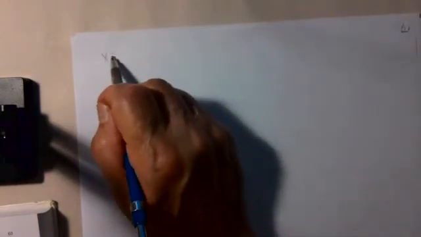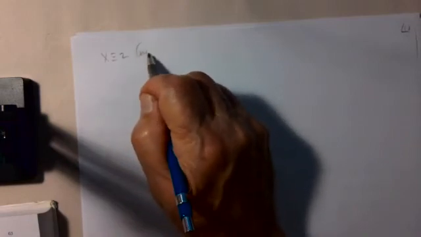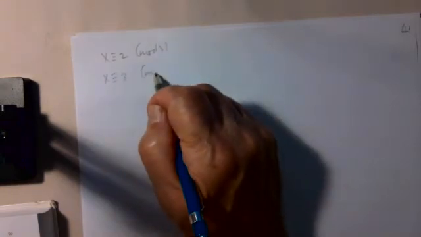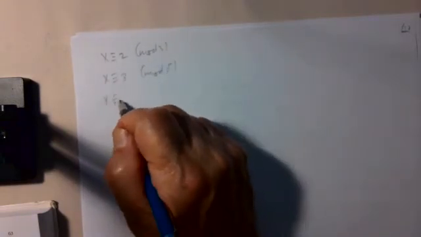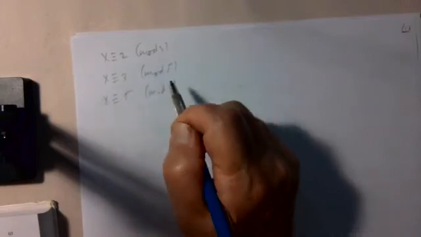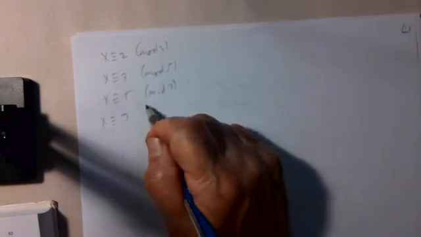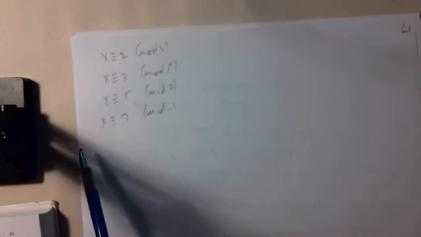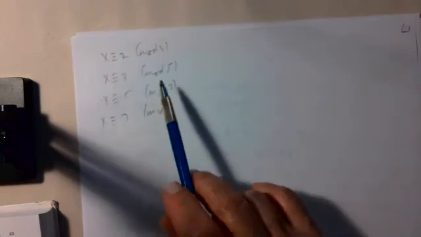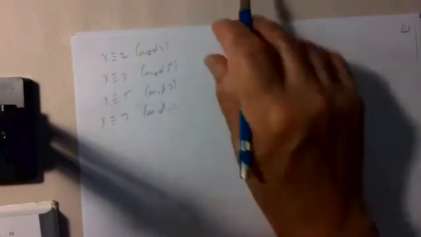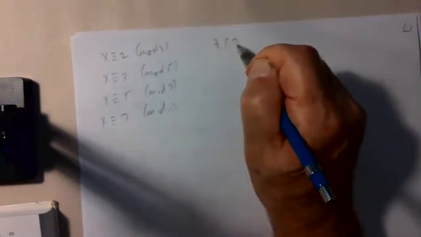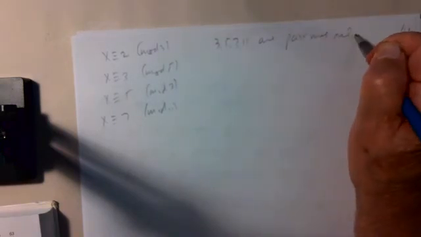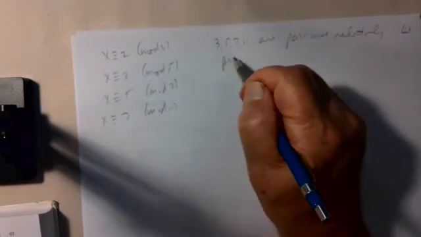Suppose we have four congruences, x congruent to 2 mod 3, x congruent to 3 mod 5, x congruent to 5 mod 7, and x congruent to 7 mod 11. So the a_1, 2, 3, and 4 are 2, 3, 5, and 7, and the moduli are 3, 5, 7, and 11. Notice that 3, 5, 7, 11 are pairwise relatively prime.